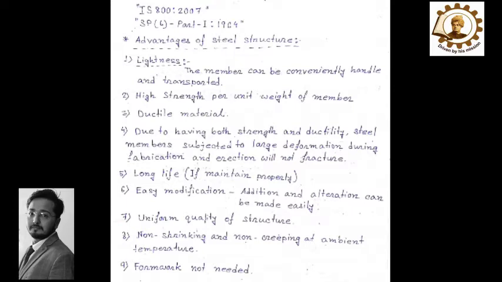Shrinkage and creeping properties are not applicable for steel structure. These properties are applicable for RCC structures, not for steel. Number 9, the most important, formwork is not needed for steel structure. Formwork is an extra cost for RCC structure, but in steel structure, no formwork is needed.